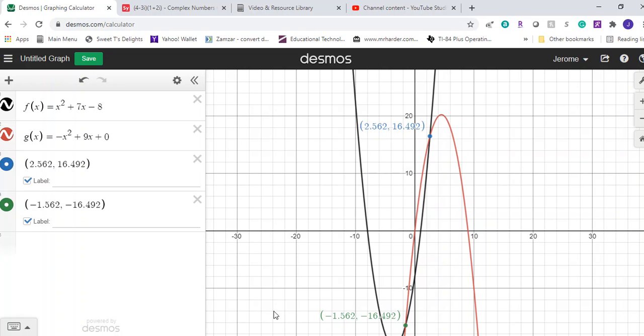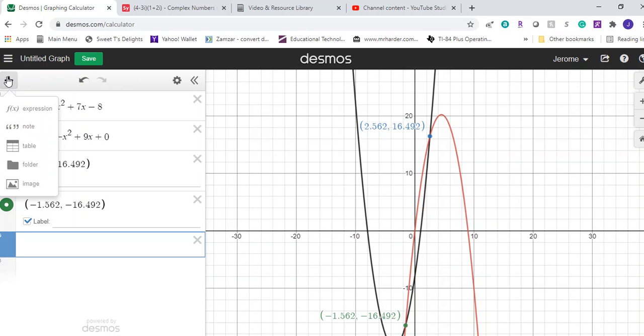So we want to figure out, yes, at every point in between these two values, the g of x value is always higher than the f of x value at those same points up until we get to this intersection point, and also below this intersection point as well.